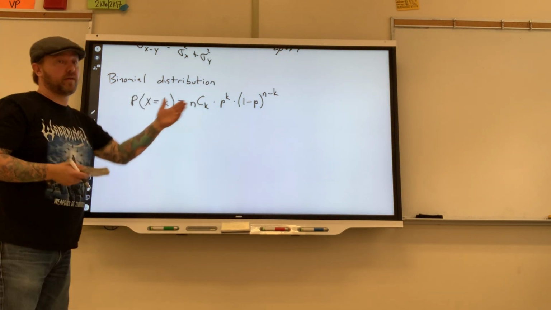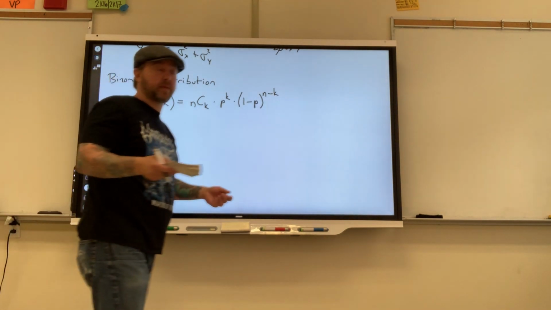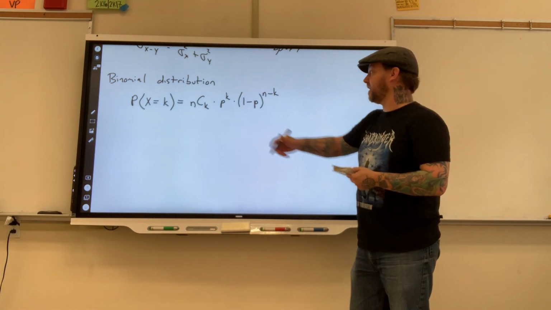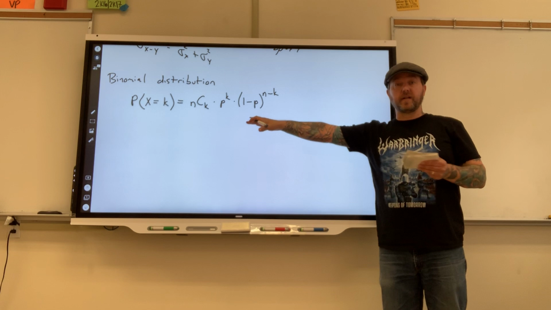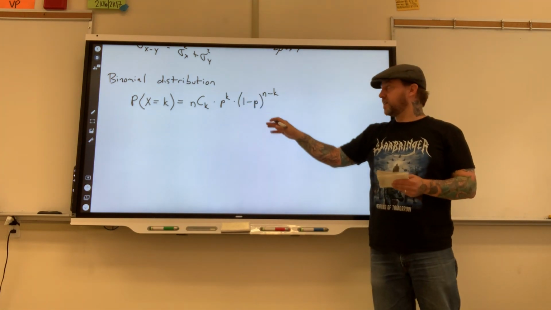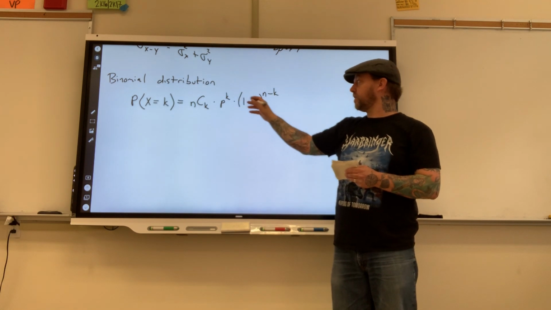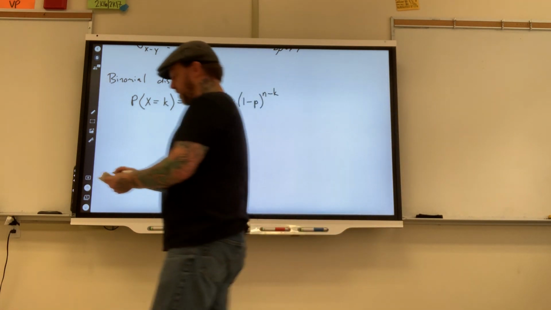So this will tell you, if I have 5 multiple choice questions, probability of each is 1 out of 5, okay? N would be 5, p would be 0.2. The probability that I get exactly 3 of them right would be 5 choose 3 times 0.2 to the third times 0.8 to the second. Make sense? Cool. Okay.